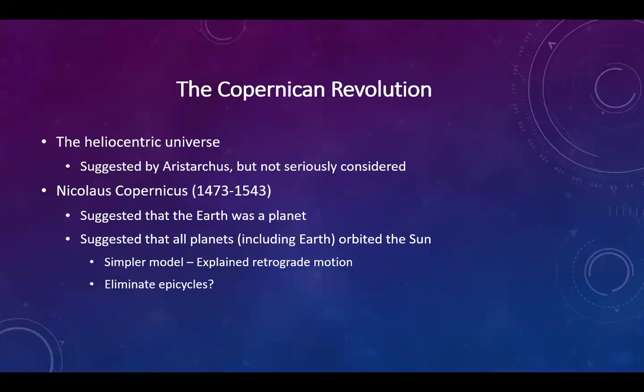Unfortunately, to get accurate calculations, he was not able to eliminate epicycles. As it turns out, the orbits of the planets aren't perfect circles, and his model still used perfect circles, so it ended up with almost as many epicycles as Ptolemy had.